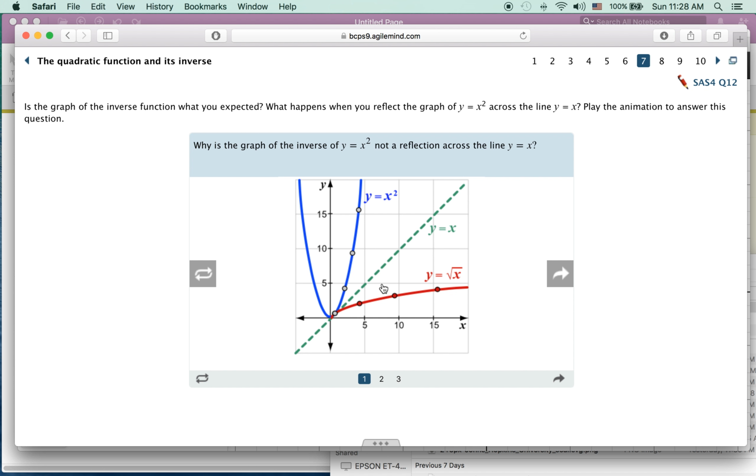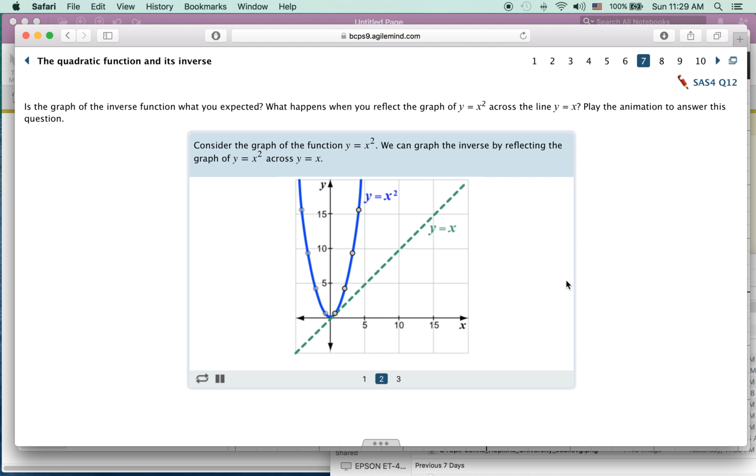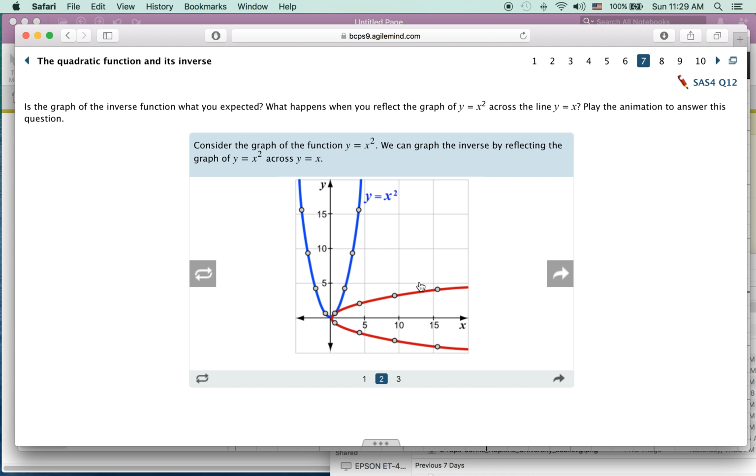So here we have another graph of y equals x squared and its inverse, the square root of x. Okay, so here it looks like, hey, if you just reflected the whole thing, you'd get this. But this isn't a function.